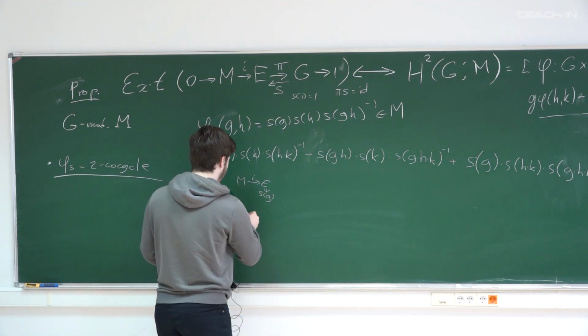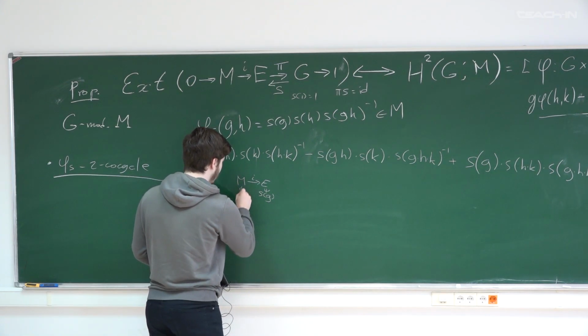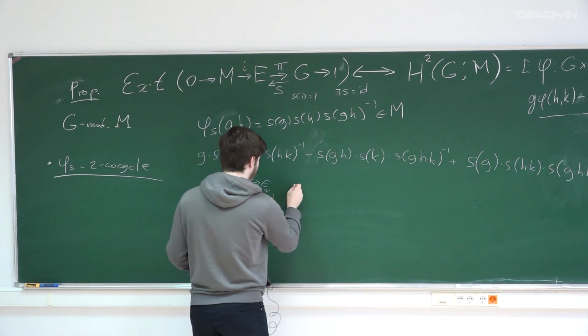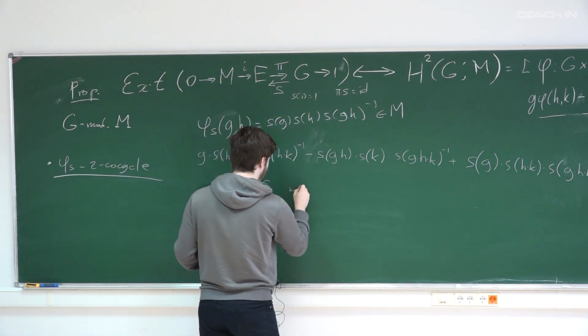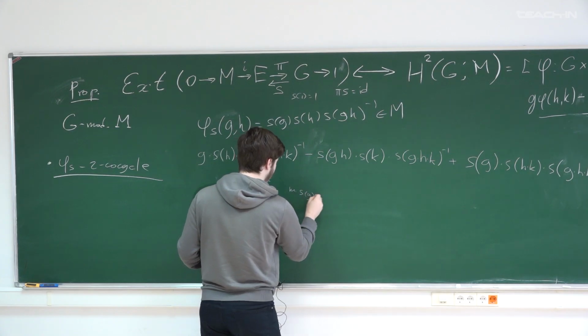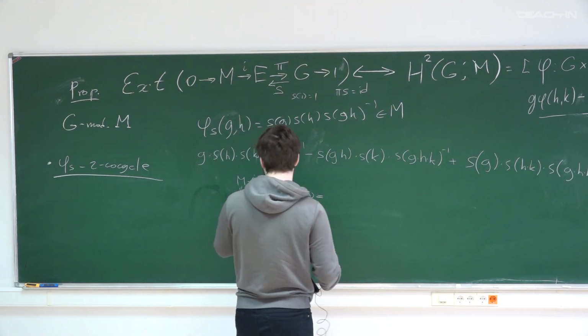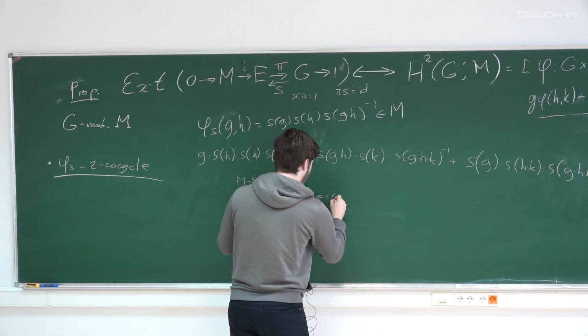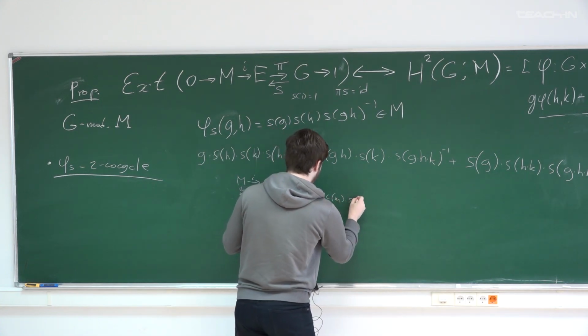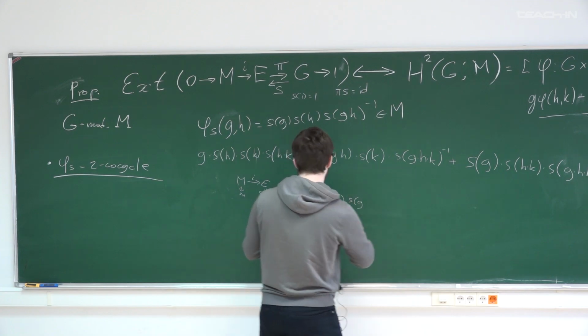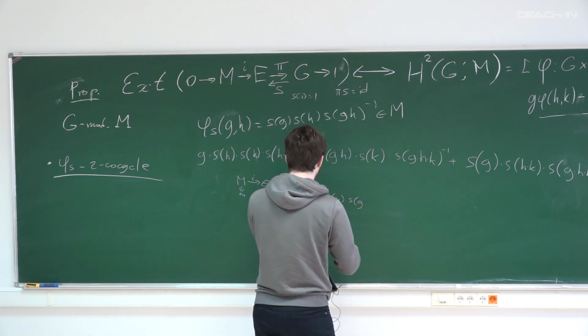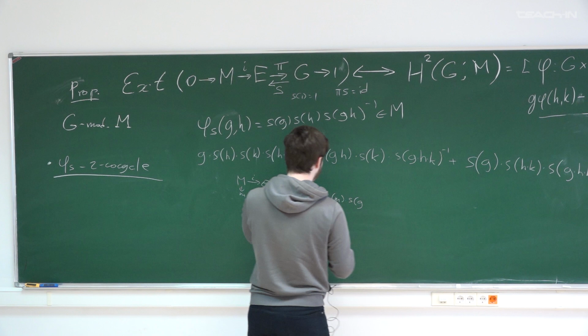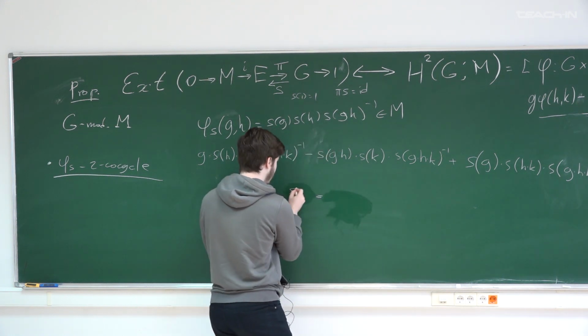If I take an element m, I need something like this: m acting on s(g). You want to say that this is multiplication?